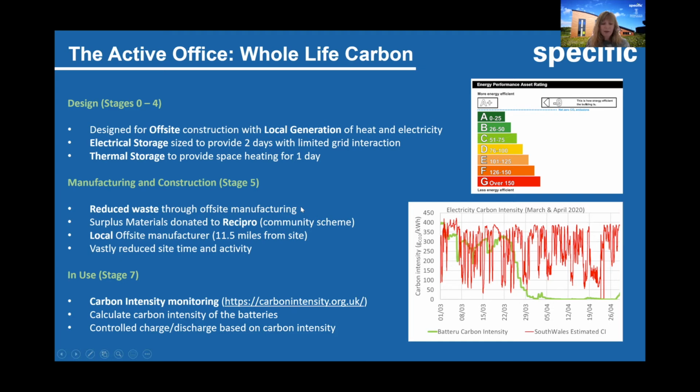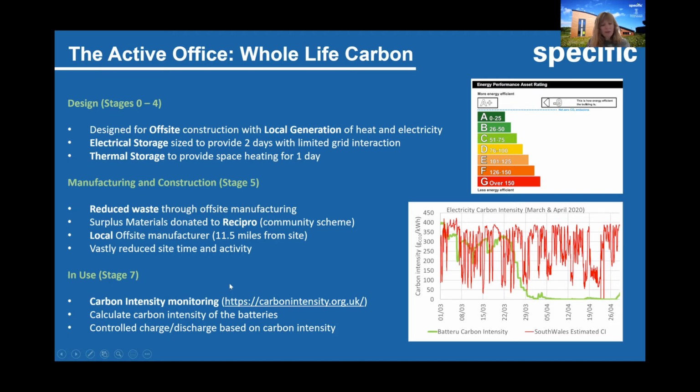During manufacture and construction, the use of off-site construction and local manufacture reduced the embodied carbon of the materials used, and surplus materials were donated to community groups through the Recipro Wales scheme. The vastly reduced site time also added to the reduction in embodied carbon, especially around site works, along with significant use of local supply chains.